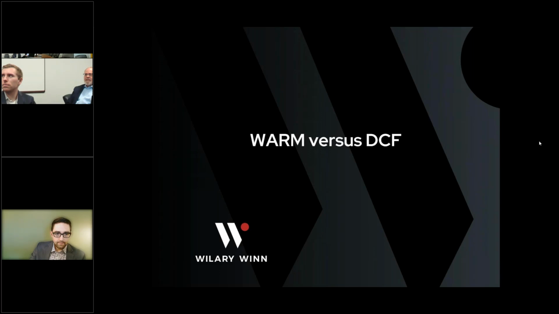Perfect. So before we jump into a side-by-side comparison, I want to set the stage for why the WARM versus DCF conversation even matters. These two models are fundamentally different, and WARM is probably the most common, and the DCF we believe is the best. But they're different not just in how they calculate expected losses, but across the board.